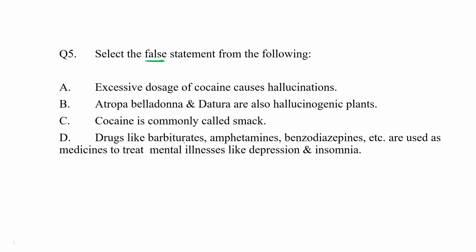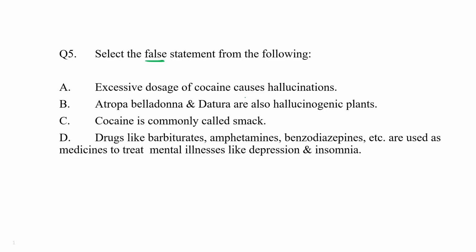D. Drugs like barbiturates, amphetamines, benzodiazepines are used as medicine to treat mental illness like depression and insomnia. So we have to choose the false statement. If you learn the effects of each type of drug very quickly, you can get the answer. They have given us 4 different statements.